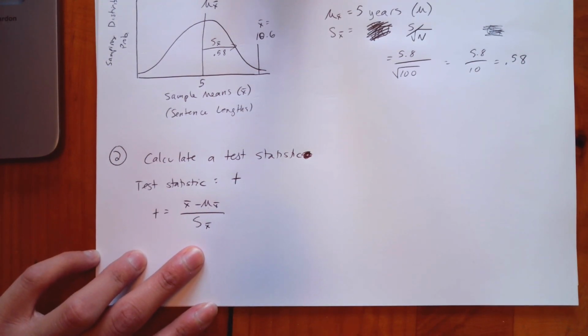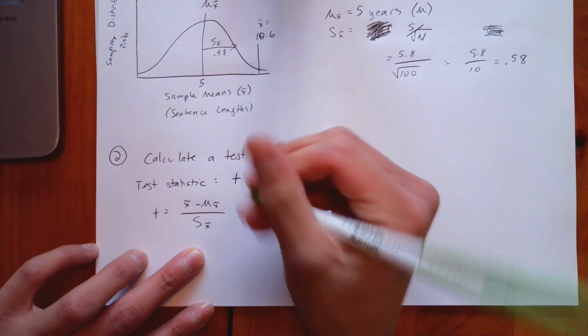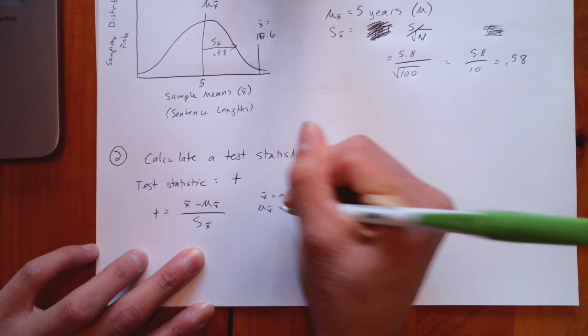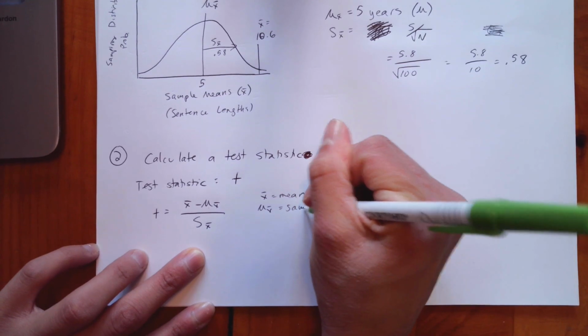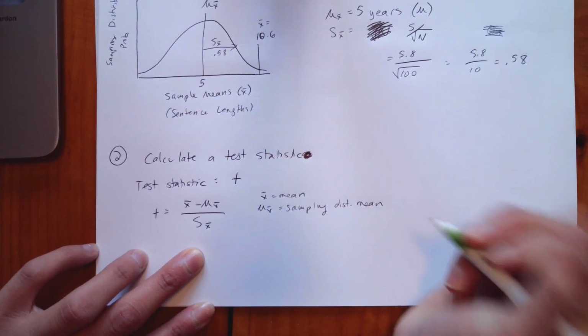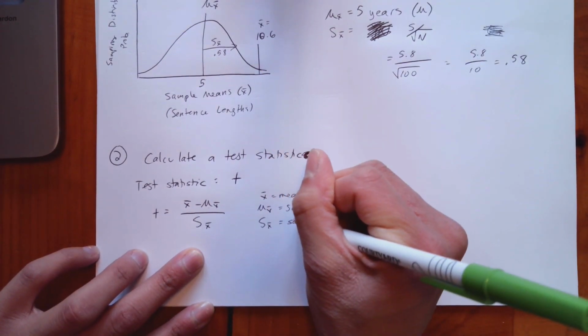So looking at our t-statistic here, I'm just going to write out what these different parts mean. x bar is our sample mean. Mu sub x bar is our sampling distribution mean. And s sub x bar is our sampling distribution standard error.